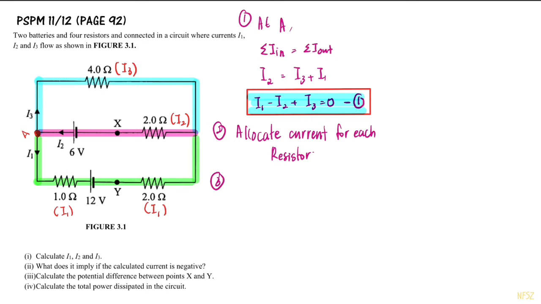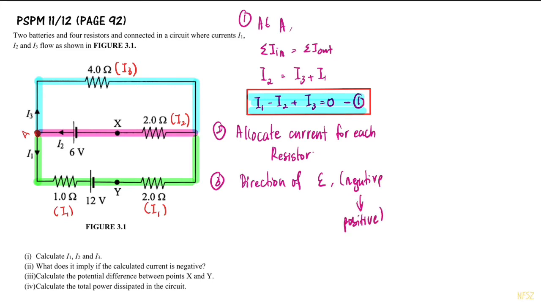Okay, so kalau dia tak bagi dalam soalan, sometimes dia tak bagi pun I3, I2, I1 ni, awak kena buat sendiri. Maksudnya awak kena decide I1 nak keluar, I2 nak keluar, I3 nak masuk, terpulang. Directions dalam current flow ni semua based on assumption, kecuali directions of EMF. Direction of EMF mesti daripada negative to positive.